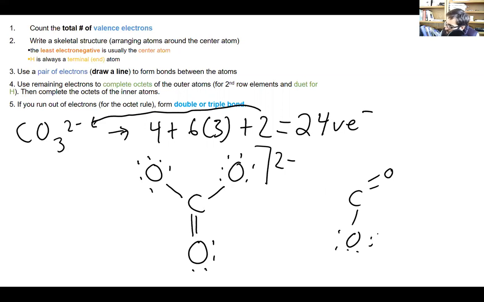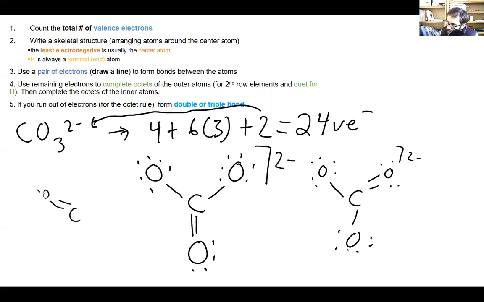What if I drew this Lewis structure? That would be totally correct as well, right? And there's even another Lewis structure, I'll draw it over here, where a third oxygen had the double bond.